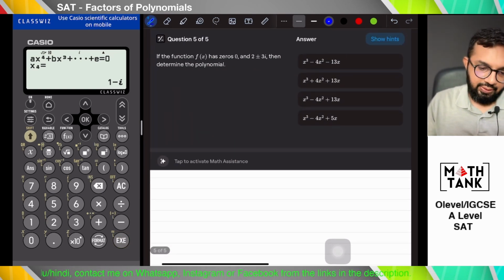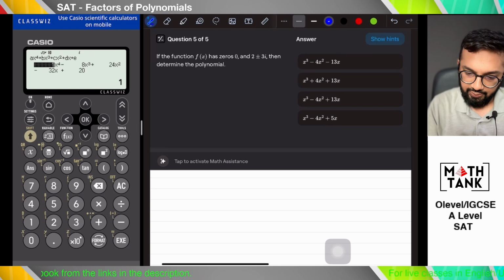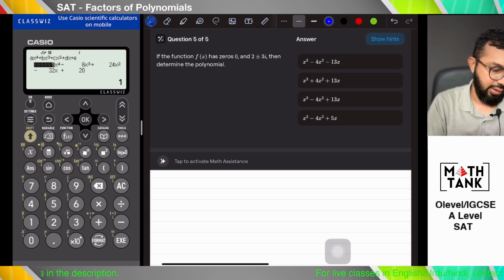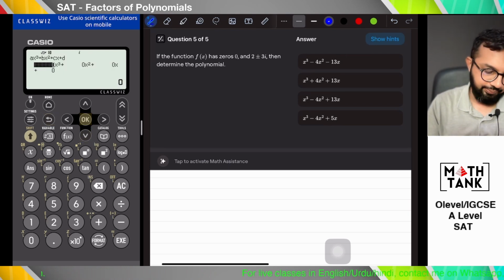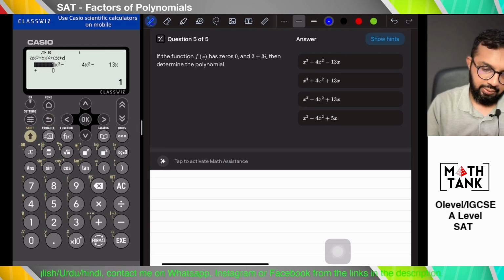If the function has 0, 0, 2 plus 3i, then determine the polynomial. So I'm going to have to solve all of these on my calculator. Go to cubic, 1 minus 4 and minus 13. No, that's not giving me a non-real.